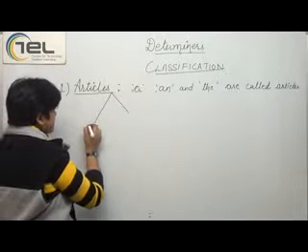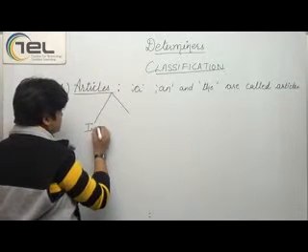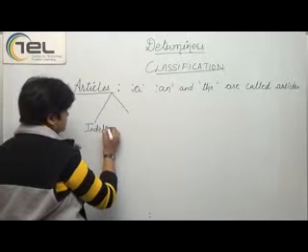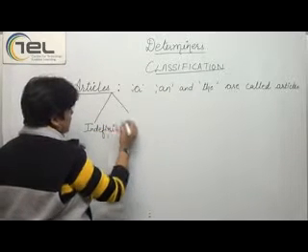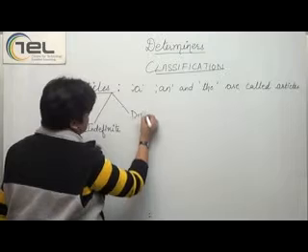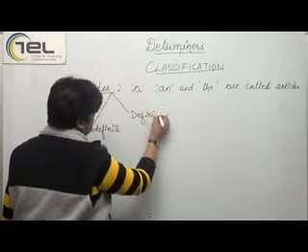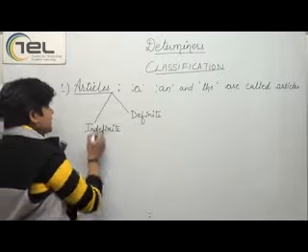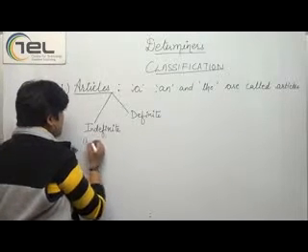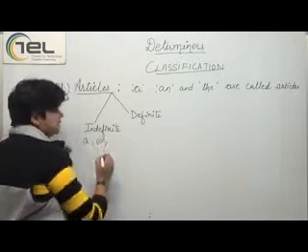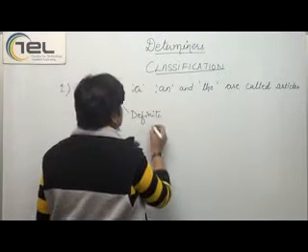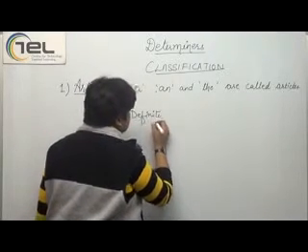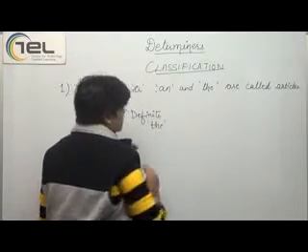One is indefinite, another is definite. These three are divided into these two categories. Indefinite articles are a and an, and for definite articles, there is only one, the.